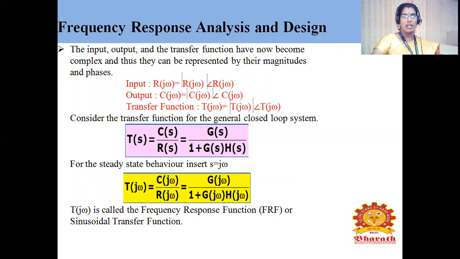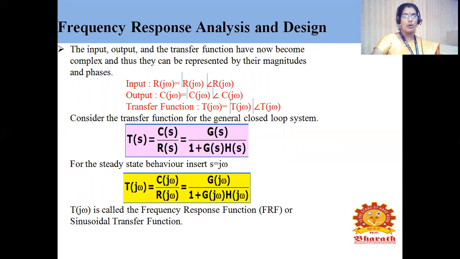In the output, C of j omega is the actual output, which is equal to the magnitude of C of j omega, and the angle representation is angle of C of j omega. In the transfer function, T of j omega is equal to the magnitude of T of j omega into the angle of T of j omega. So we can obtain both the magnitude and the phase angle for input, output, and the transfer function using this method.